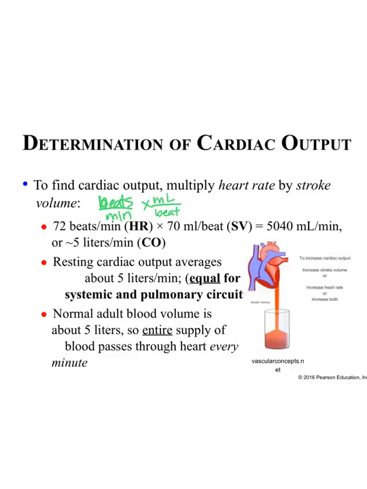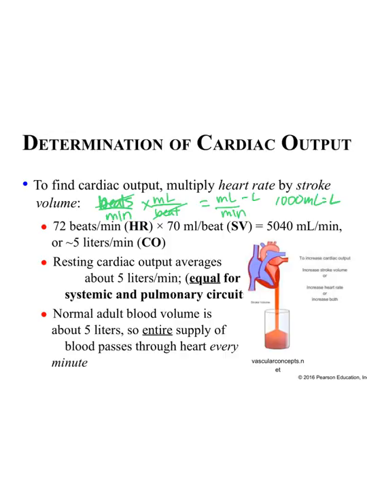So when one's in the denominator and one's on top, basically they cancel out. So what you're left with is milliliters per minute. Again, how much blood per minute, which a lot of times we will go ahead and convert to liters. Remember, there's 1,000 milliliters per liter.